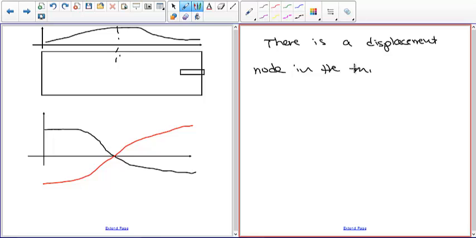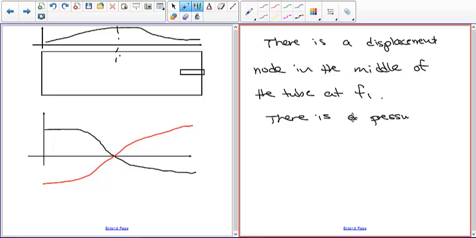This is for the fundamental frequency. But what we were measuring was the pressure. So there is a pressure antinode, sorry. I keep getting these things mixed up.